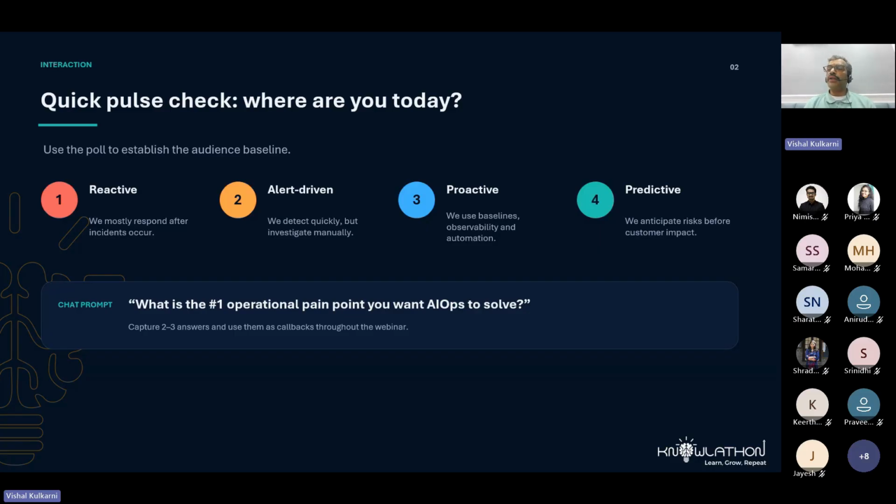So, do you have any observations on the single top pain point you have experienced, which you would like AI ops to solve? That's my second question. Any major operational challenges that are a pain point in your operations which you need AI ops to resolve?